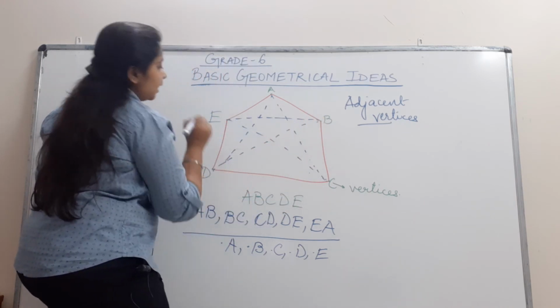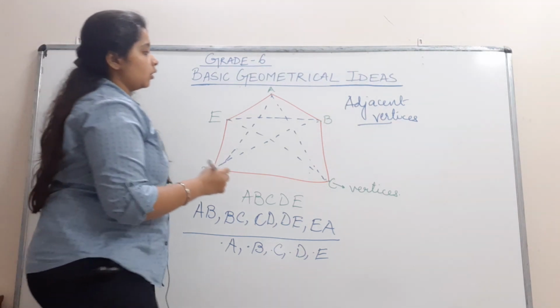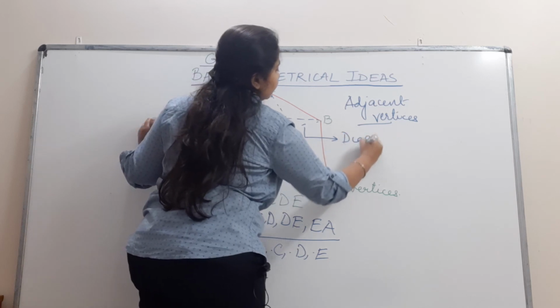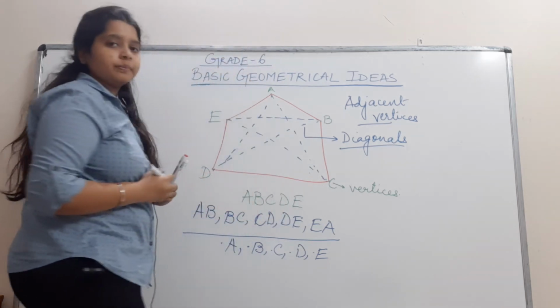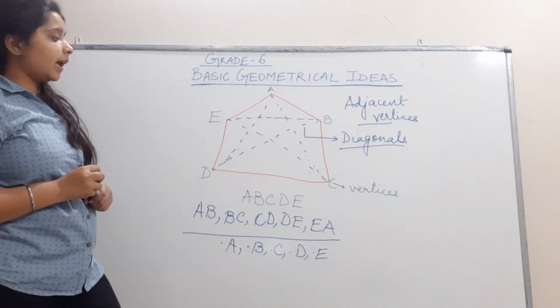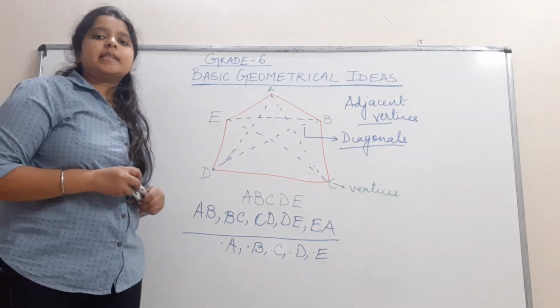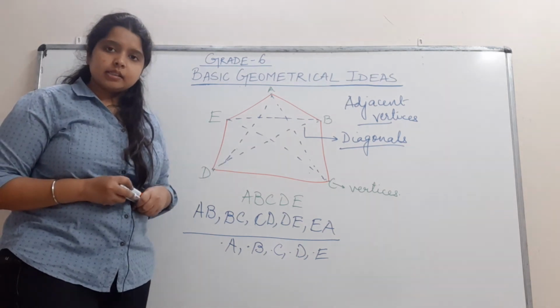We use a dotted line to join the non-adjacent vertices, and these are known as diagonals. So what are diagonals? The line segments joining the non-adjacent vertices of a polygon are known as diagonals.